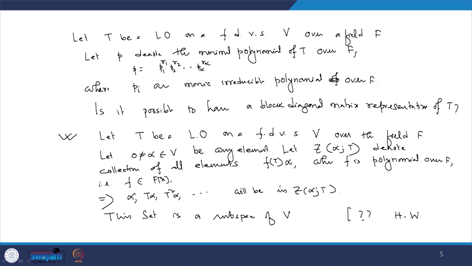In that way you can show that this set is a subspace of the vector space.